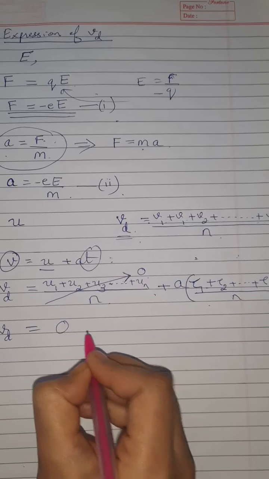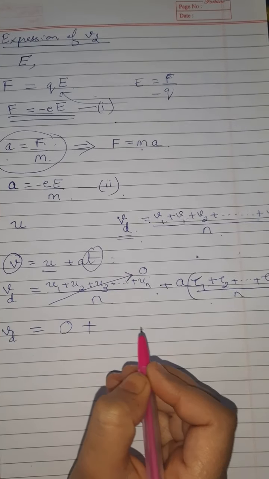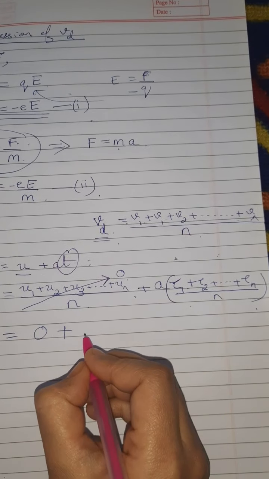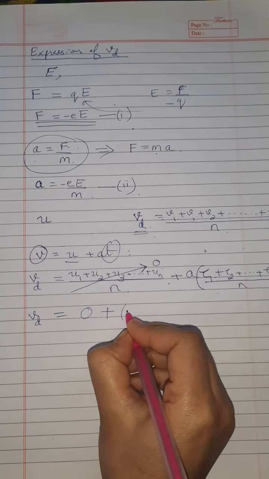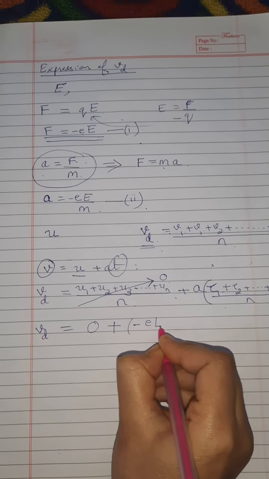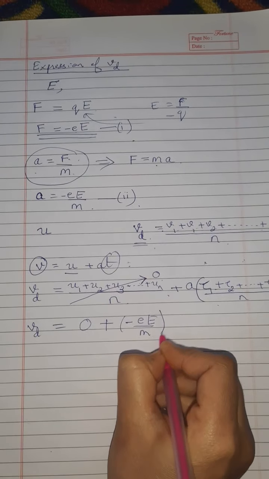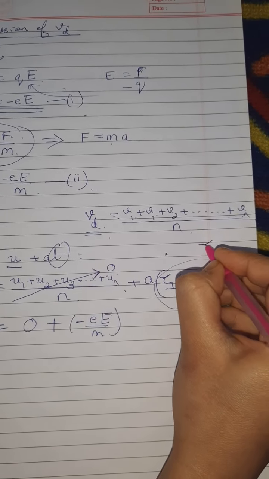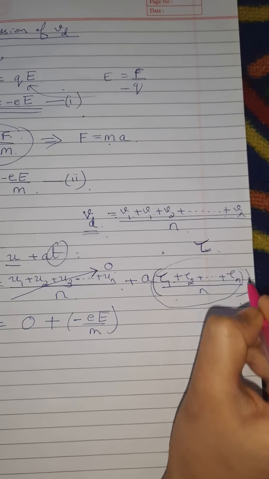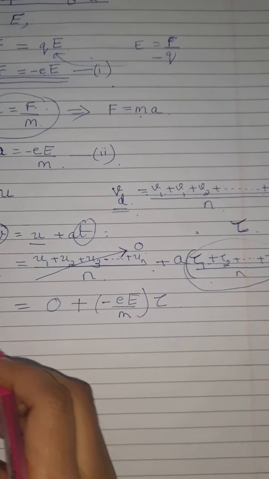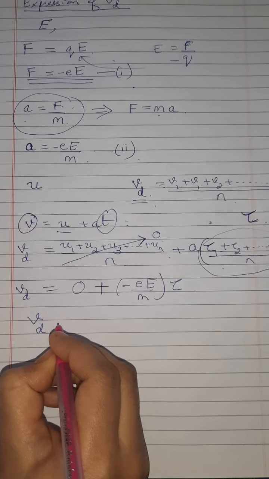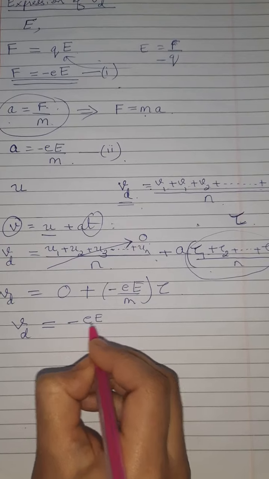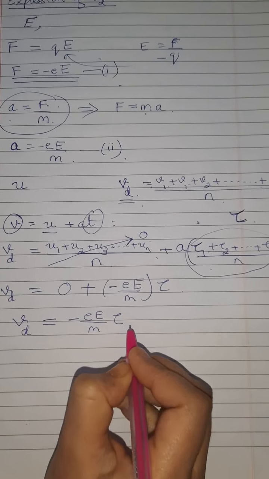This term will be equal to 0, plus a will be equal to, you can replace the value from equation 2 here, a is minus eE by m, into tau, that is the average relaxation time. So the expression for drift velocity is equal to minus eE by m into tau.